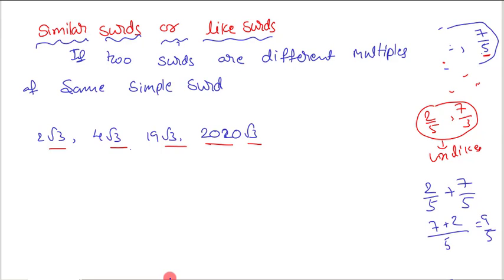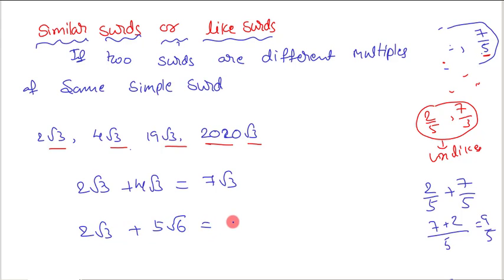Okay, let me take an example. If you take 2 root 3 plus 4 root 3 and add them, you can write it as 6 root 3. But if you take 2 root 3 plus 5 root 6, this cannot be added. Why? Because this is a multiple of root 3 and this is a multiple of root 6.